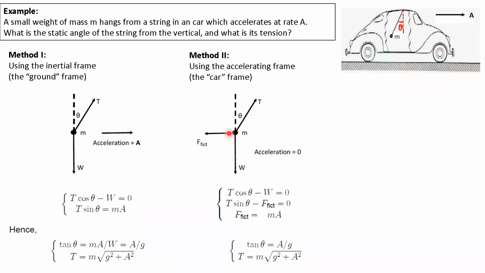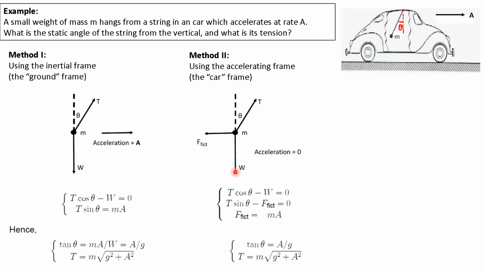And now here you will have an additional force, which is the fictitious force. Because the acceleration of the car is to the right, the fictitious force is minus ma, so the fictitious force is to the left. And the magnitude of this fictitious force is ma.